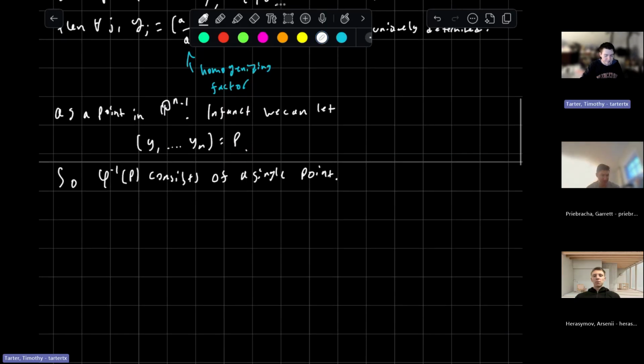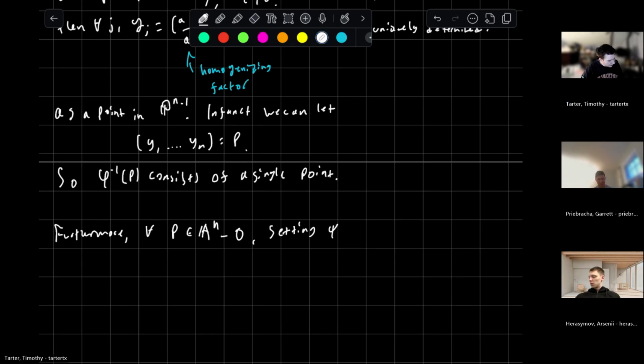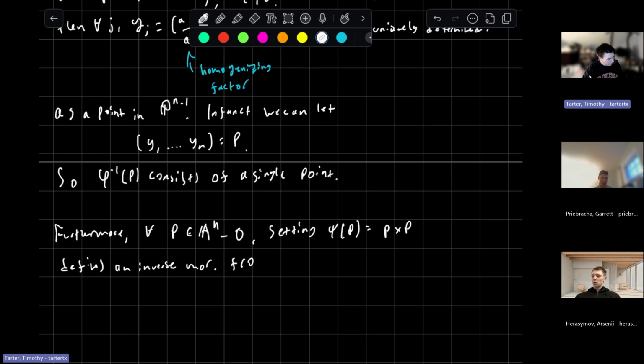So to finish up the isomorphism, for every point in An without 0, setting psi of p equal to p cross p defines an inverse morphism to phi.